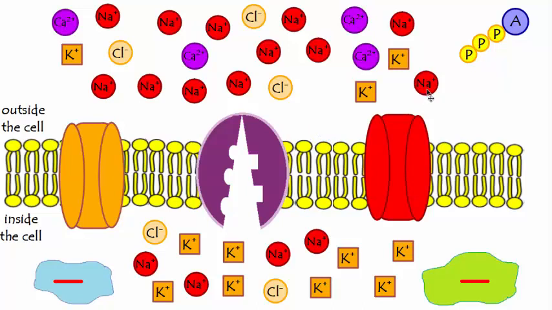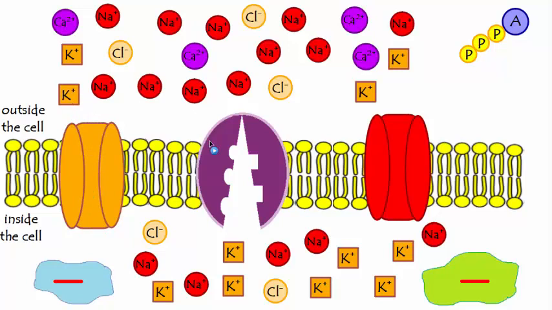For example, Na+ ions can enter the cell because outside there is more Na+ than inside, but in a slow manner. They leak, so they move slowly, while K+ ions leak outside the cell through K+ leak channels.